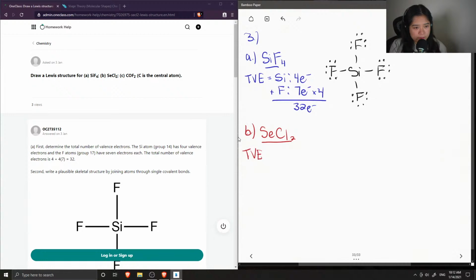If we were to calculate the total valence electrons, selenium, I believe, contains 6 valence electrons. And chlorine contains 7. And we multiply this by 2 since there are 2 chlorine atoms.